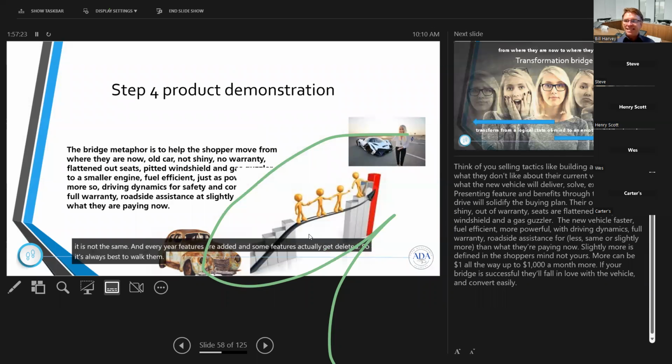Think of your selling tactics then like building a bridge. What they don't like about their current vehicle with what the new vehicle will deliver, solve, or excite them on. When you present features and benefits through the evaluation drive, you solidify the buyer's plan.